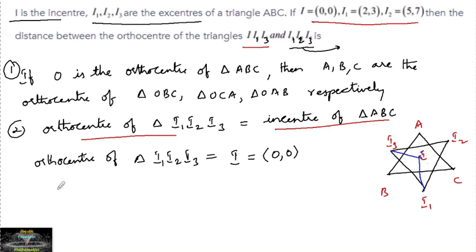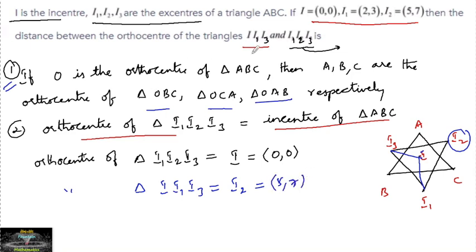So in this case, the orthocenter of triangle I1, I3 will be equal to I2. According to the first point, if O is the orthocenter, then A, B, C are the orthocenters of triangles OBC, OCA and OAB respectively. Similarly, I2 will be the orthocenter for triangle I1, I3. So what is I2? I2 is given as (5, 7).